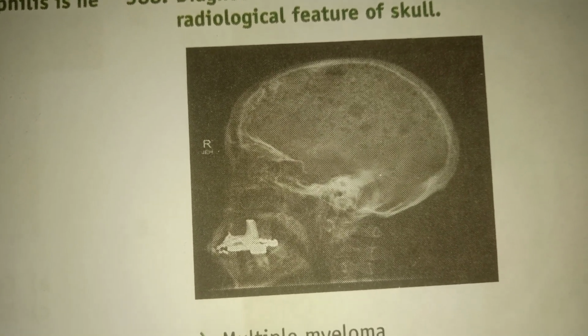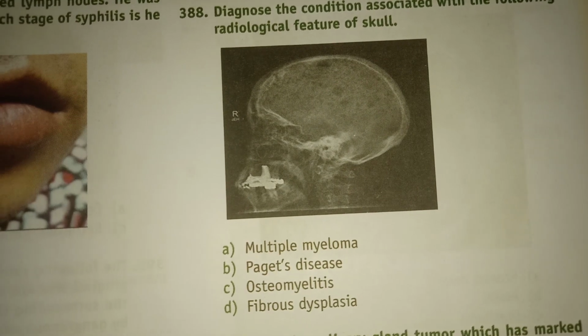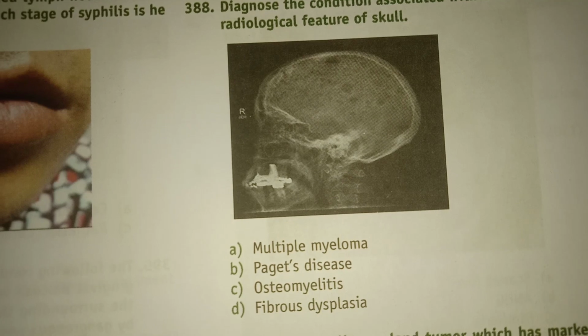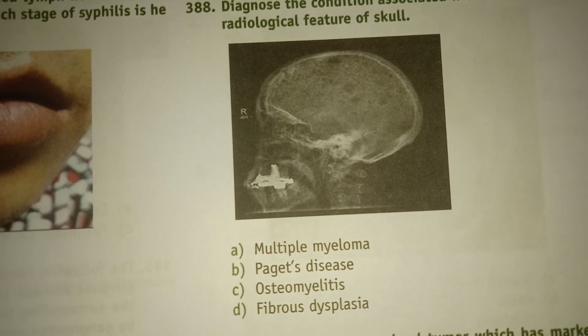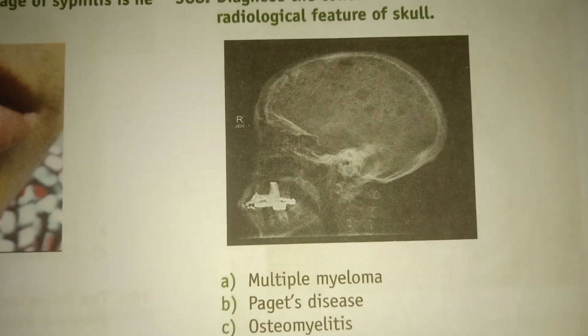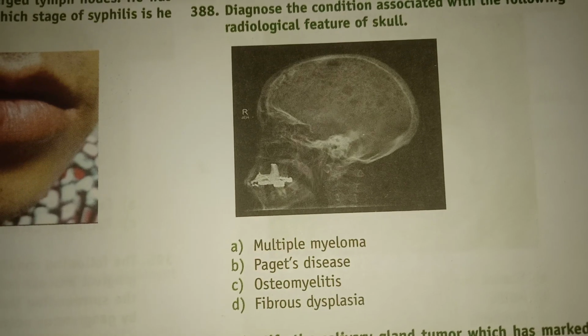Diffuse radiolucency, scattered radiolucency. So what is the diagnosis? Is it multiple myeloma, Paget's disease, osteomyelitis, or fibrous dysplasia? It is also a very easy question, often asked in the examinations. It is multiple myeloma.